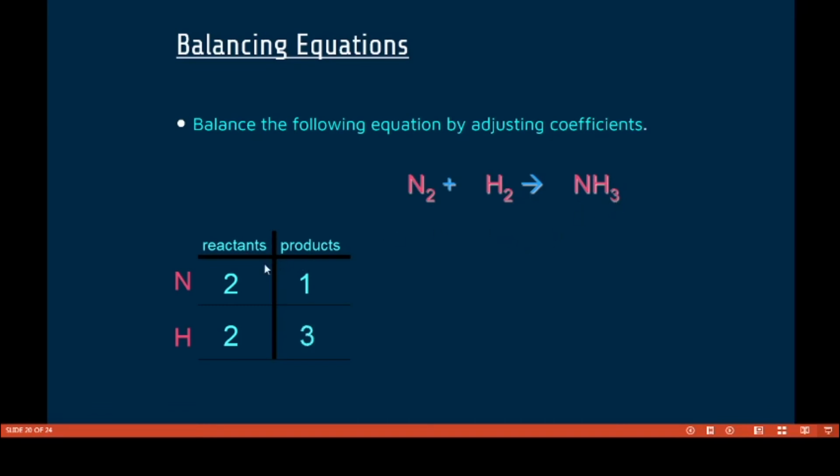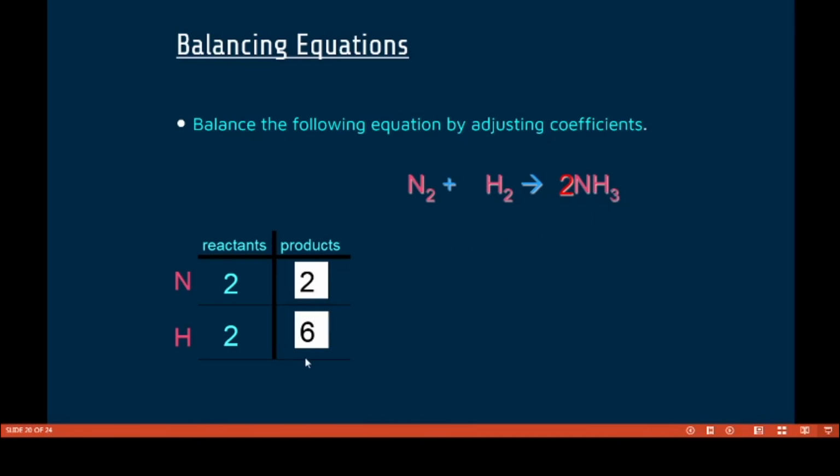First you balance the ammonia. If you add 2, you have 2 nitrogen, and hydrogen 3 2s are 6. So nitrogen will be balanced.